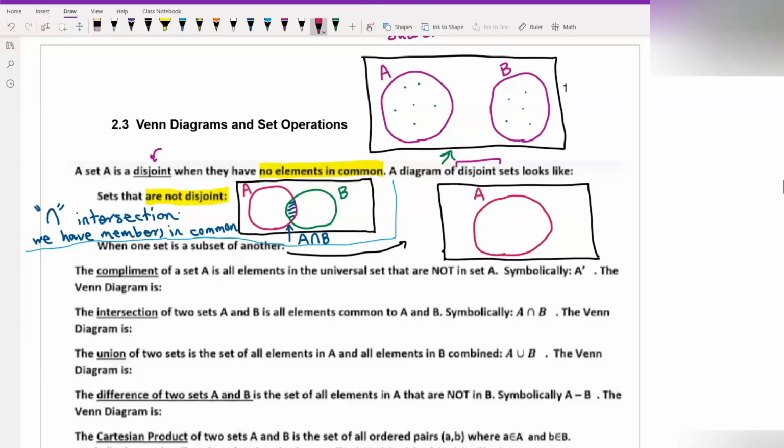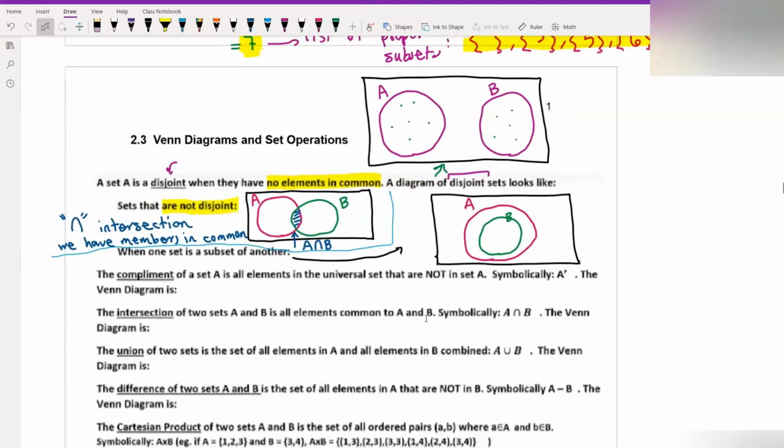For example, this is set A, and I have another one that is inside this one. So B is a subset of A, but it's not exactly equal to it, so we may say it's a proper subset.